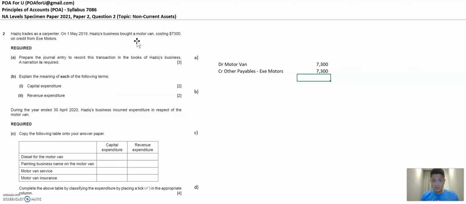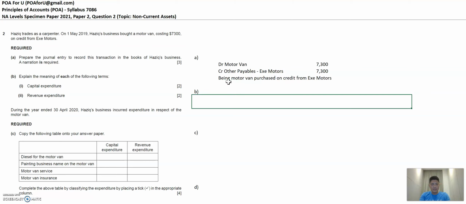If he's in the business of buying and selling motor vans, then this would be trade payables instead of other payables. But because he's in the business of carpentry, buying a motor van would result in an other payable account that's created for EXE Motors. Okay, and the narration would be: being motor van purchased on credit from EXE Motors.